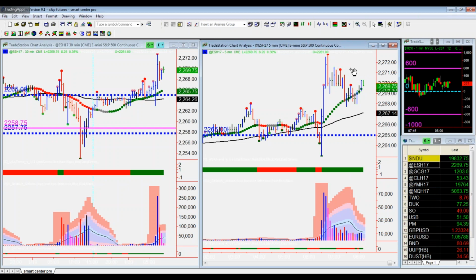Here's your effort to rise above this. Market's starting to falter again. Back to 99 on the Dow, 98 on the Dow.